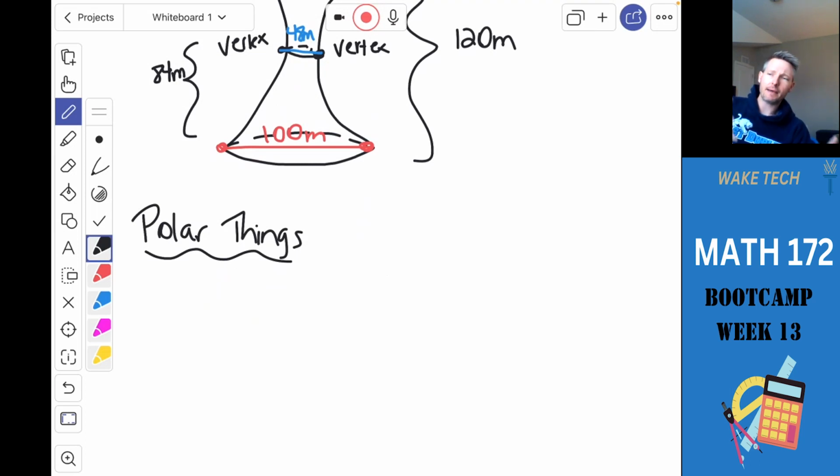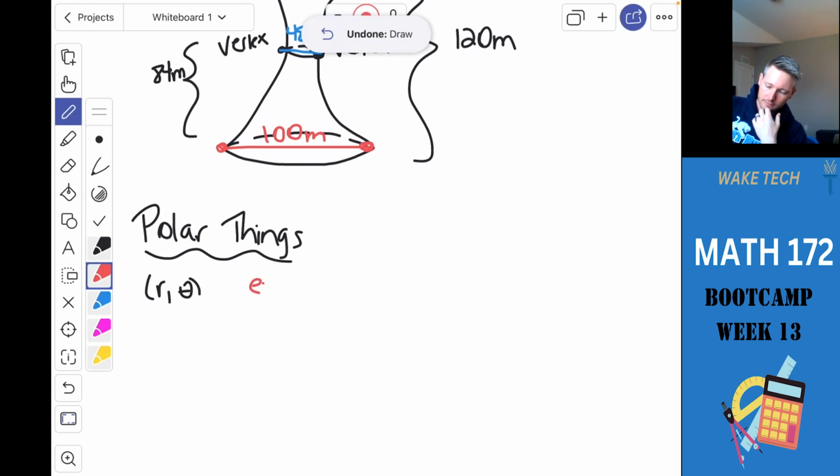And so just thinking back to the polar things, the core of that, the base of that was polar points. Polar points are written in the form of r, theta, an r value with a theta value. Let's say we wanted to plot the point 3, pi over 4 written in polar coordinates.